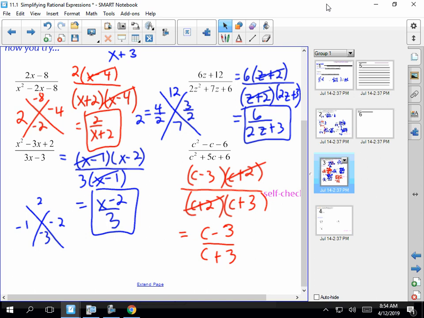If this were C times 3, or C, you know, top and bottom, then that would be fine. But because of the minus and plus sign there, you can't do it. So that's it. Any questions on these? So it's just factor first and then cancel and expect to cancel, right?